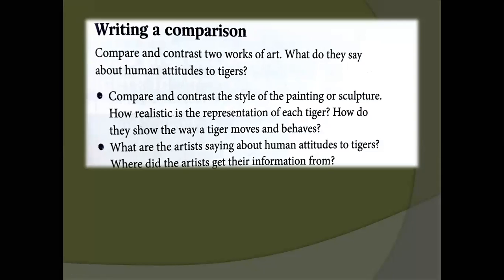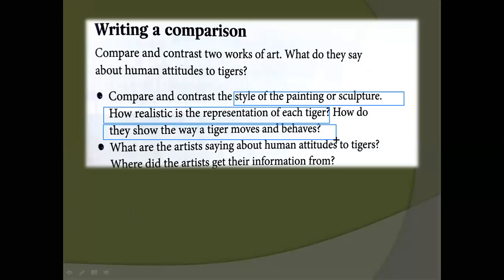You're going to choose two pictures of those tigers and then write about them. How do they show that a tiger moves and behaves? What are the artists saying about human attitudes to tigers? Where did the artist get their information from?